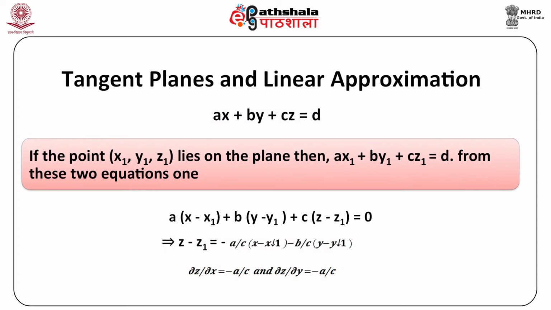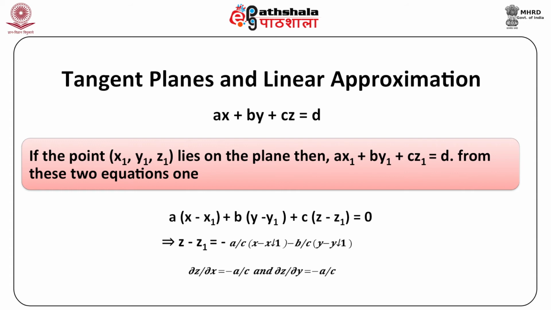Tangent planes and linear approximation. General equation of a plane is a linear equation in three variables with three independent parameters: ax plus by plus cz is equal to d. If the point (x1, y1, z1) lies on the plane, then ax1 plus by1 plus cz1 is equal to d.